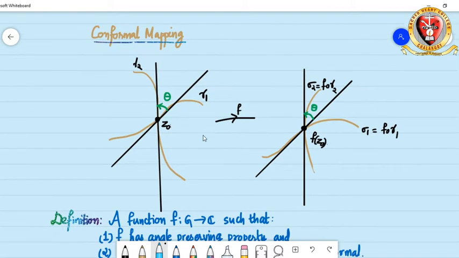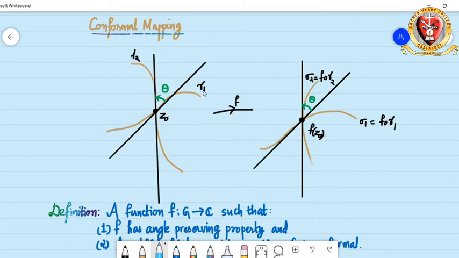So for that we need two smooth maps, gamma 1 and gamma 2, and we draw the corresponding tangent lines at the point of intersection, and then we apply the function.